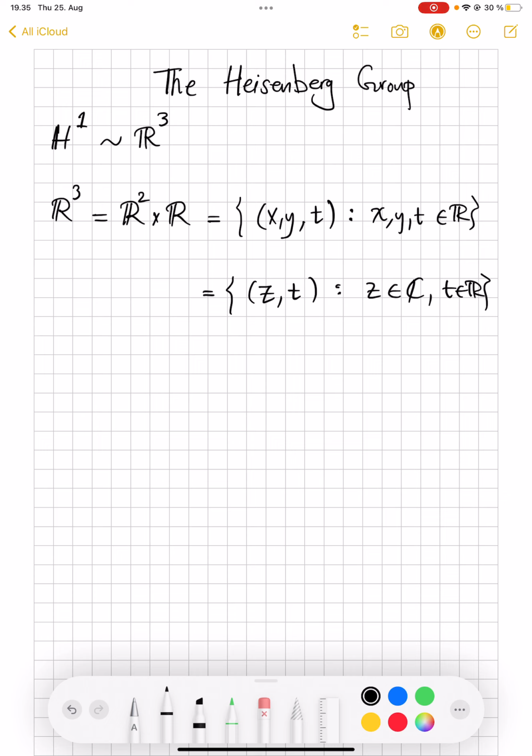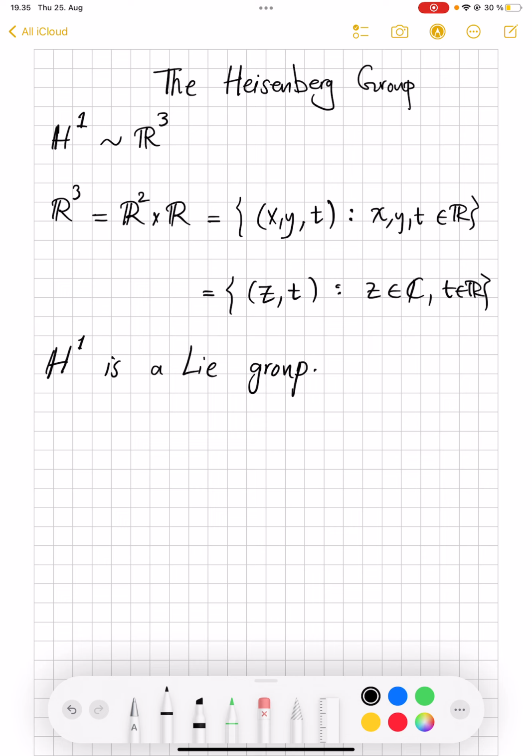Okay, so the Heisenberg group is a Lie group, which in itself is a lot of structure. First of all, there's a group multiplication, and there's also a manifold structure, and this multiplication and inverse operators are C infinity, smooth in this manifold structure.